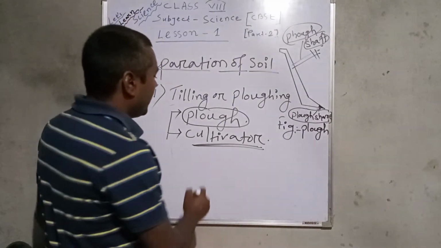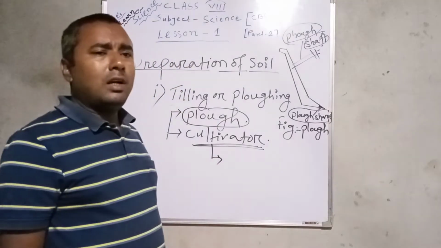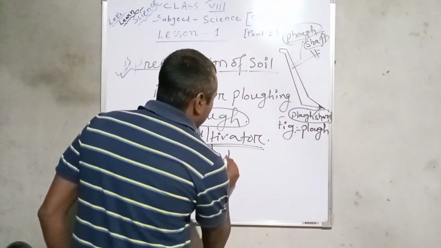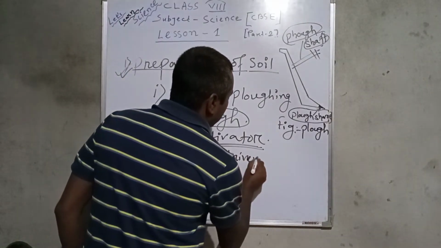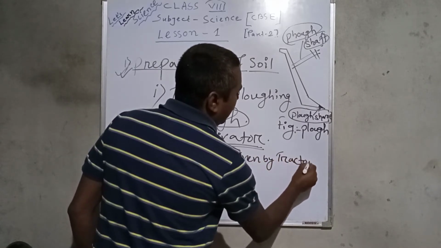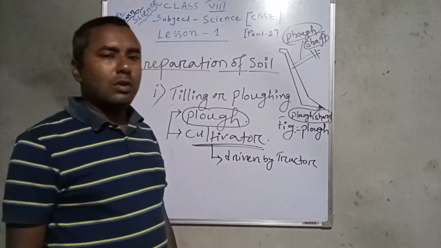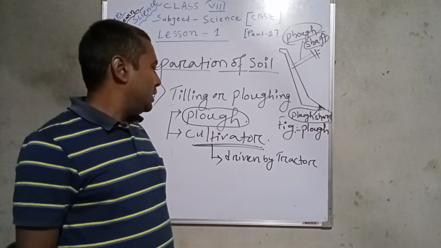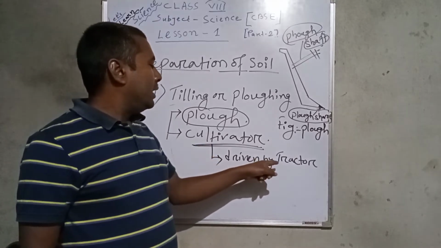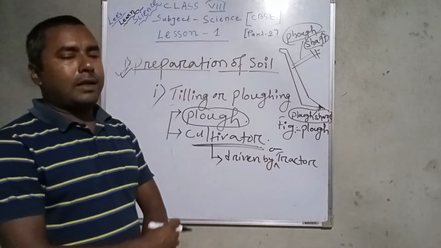Cultivator is such a type of device which is driven by a tractor. Tractor, you have seen, no? It is very common. I hope all of you have seen. So a cultivator is driven by a tractor.